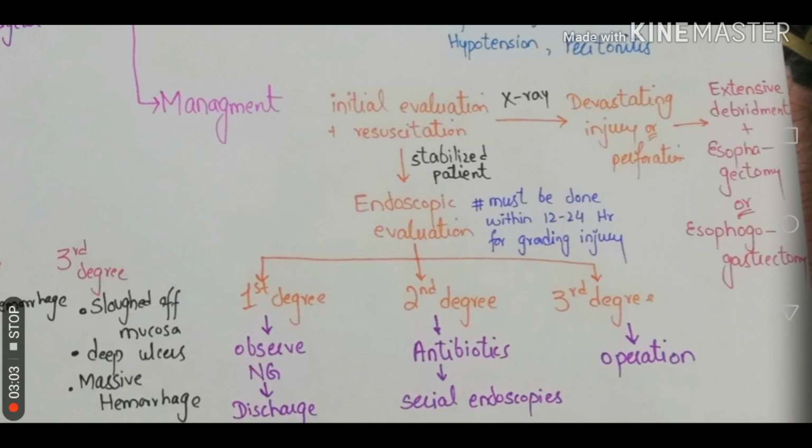After resuscitation, we see whether the patient is hemodynamically stable or unstable. If the patient is hemodynamically unstable and we suspect that he or she may have a devastating injury, we will ask for an X-ray. The X-ray will help us see if there is perforation or not.